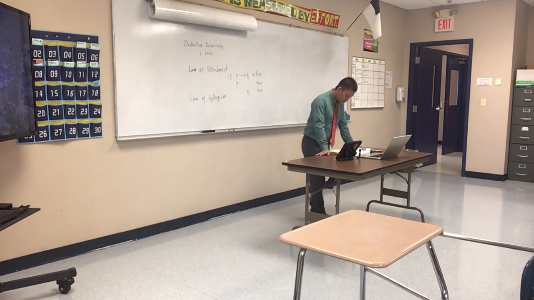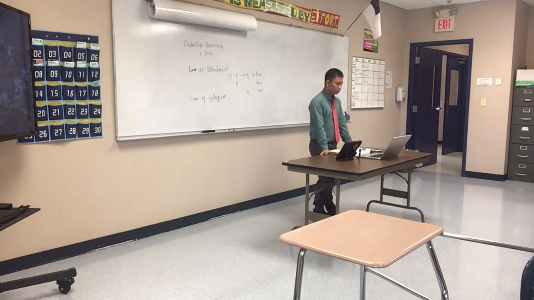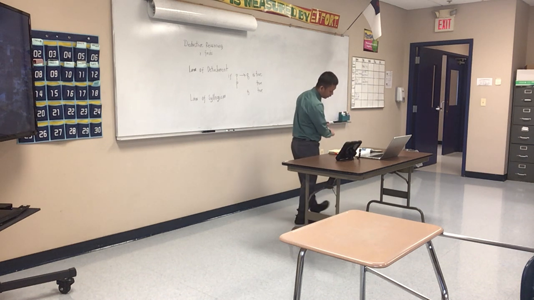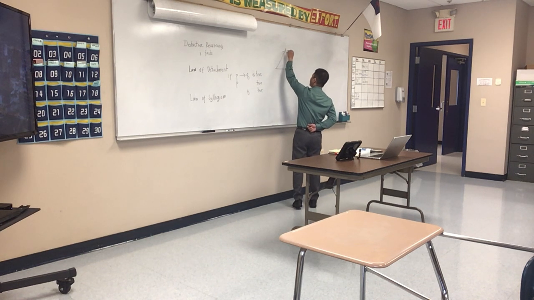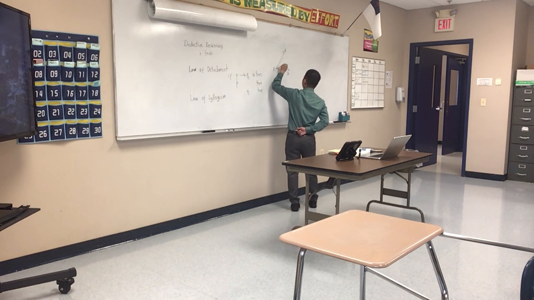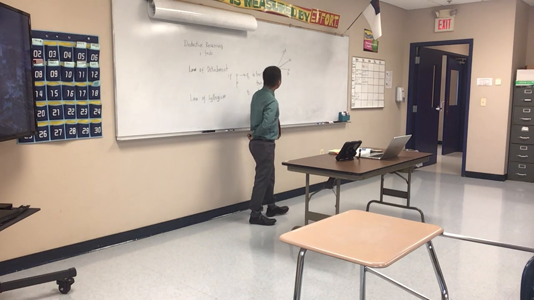On the second statement, what is our second statement? Haley, can you read it? Ray RS divides angle ARB so that angle ARS is congruent to angle SRB. Okay, we have ray RS dividing angle ARB.